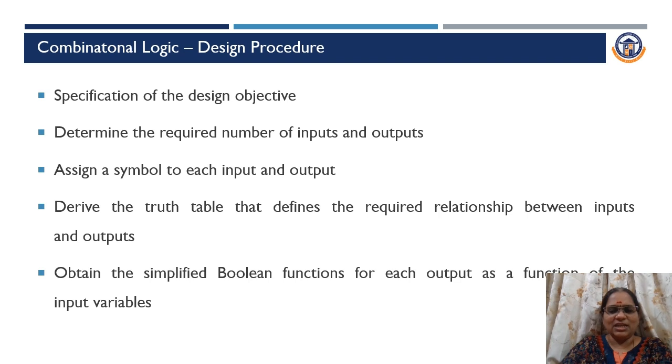After assigning the symbols, you form a truth table which relates the inputs and outputs. Once the truth table is formed, you can define a Boolean function for each output variable, either by using simplification methods like Boolean algebra or by using a K-map. Whichever is comfortable, we can design it. But see to it that the expression you get for the Boolean function is reduced, so that with a reduced Boolean function you will have a simplified circuit.